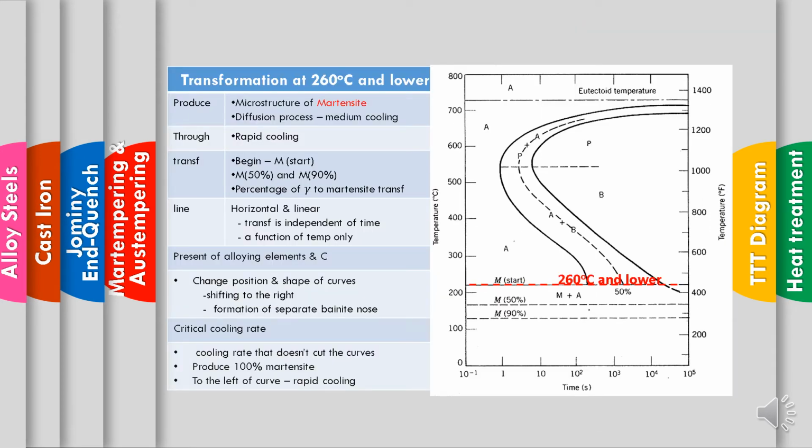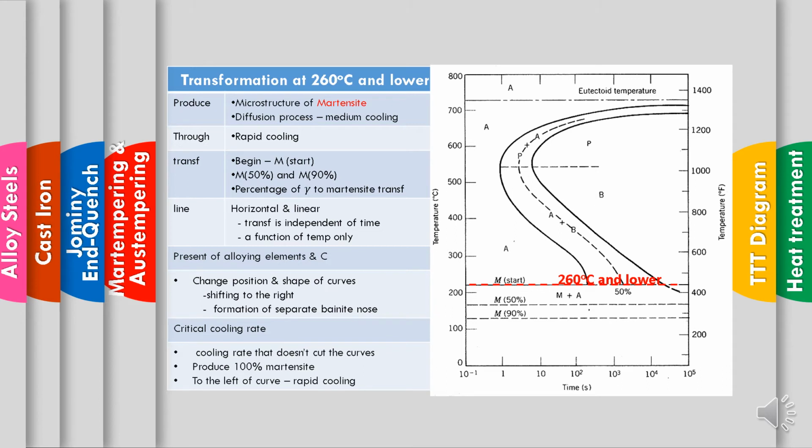Okay, what happens at temperatures below 260 degrees Celsius and lower? In this section of temperature, we have the production of the martensite microstructure, through rapid cooling.